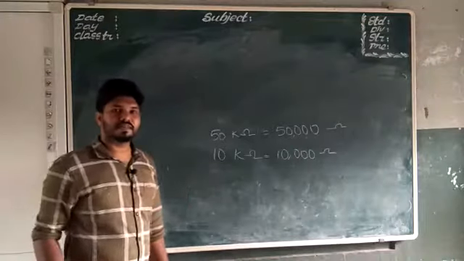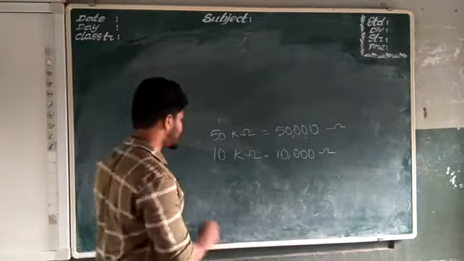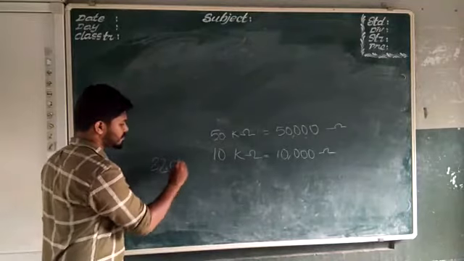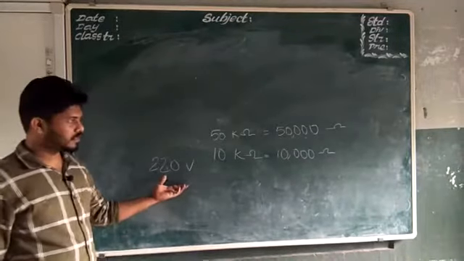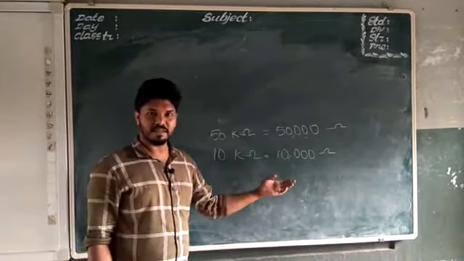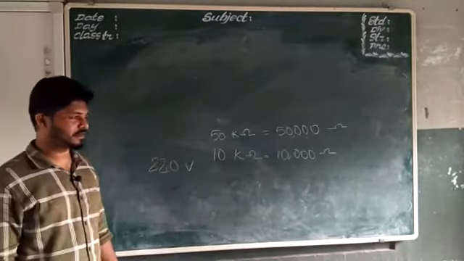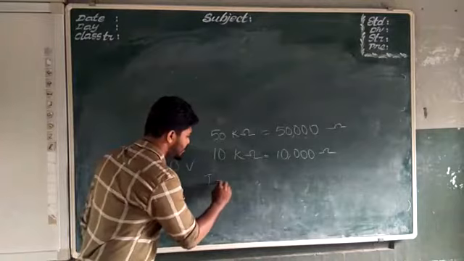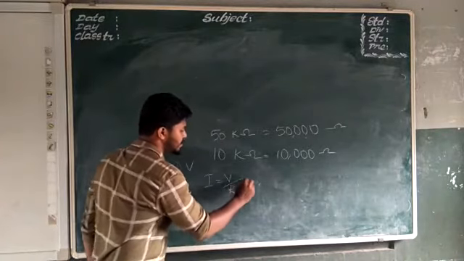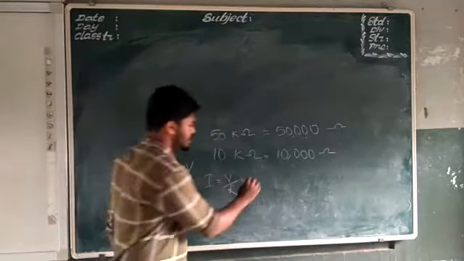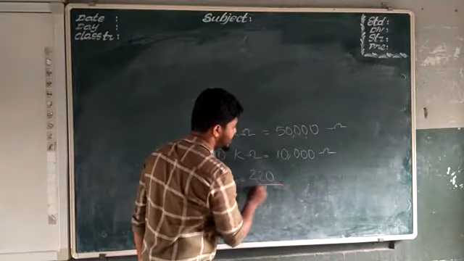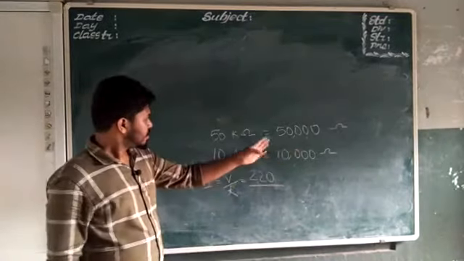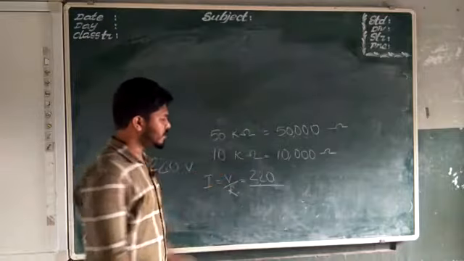Normally, our electric circuit runs on 220 volt. So the potential difference is here, and the resistance is here. Let's calculate the current flowing through our body when we touch an electric circuit. I is equal to V by R. Here V is equal to 220, divided by, in the case of a dry body, 50,000.